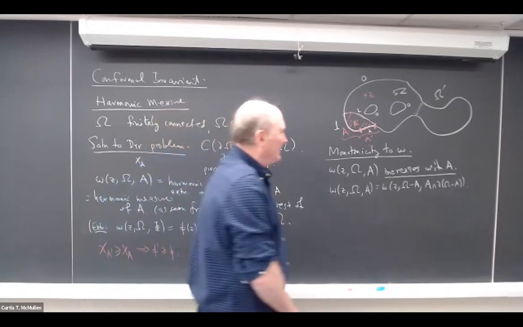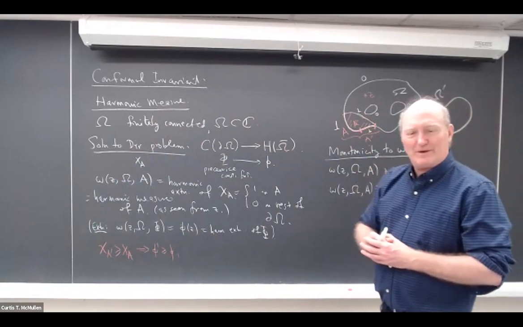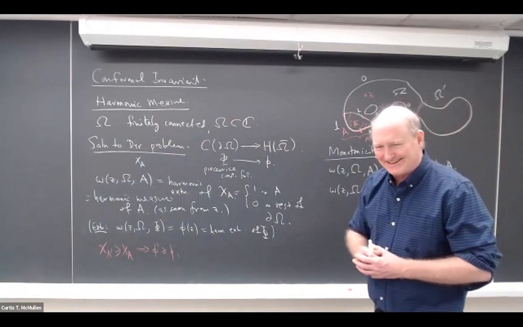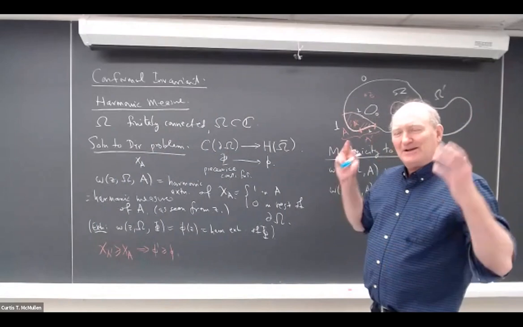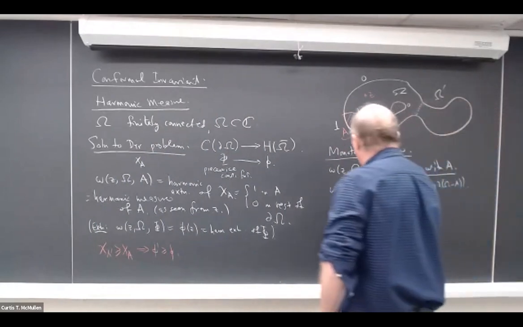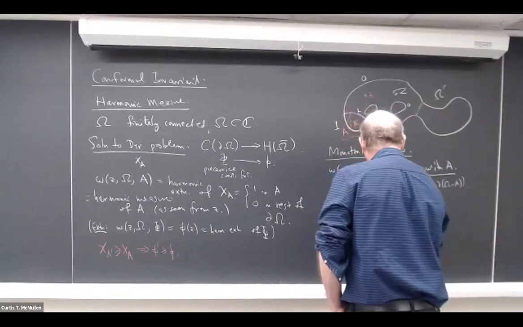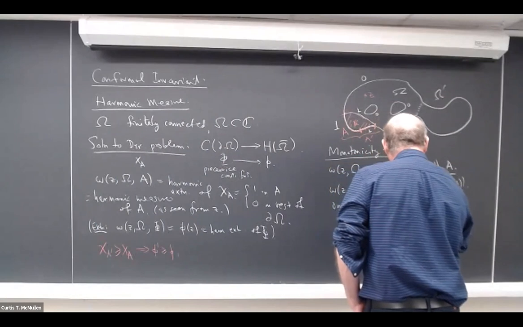Okay, well, surprise, surprise, it actually goes up when omega gets bigger. So try to grok this. The harmonic measure of A from Z in omega also increases with omega.